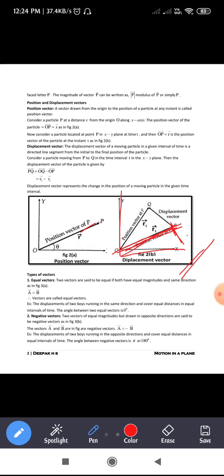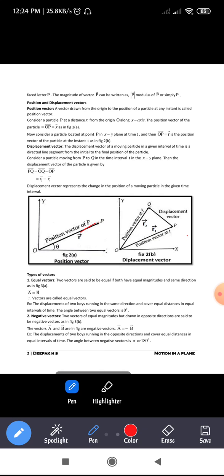Next, coming to the displacement vector. So what is the displacement vector? The displacement vector of a moving particle in a given interval of time is a directed line segment from the initial to the final position of the particle.